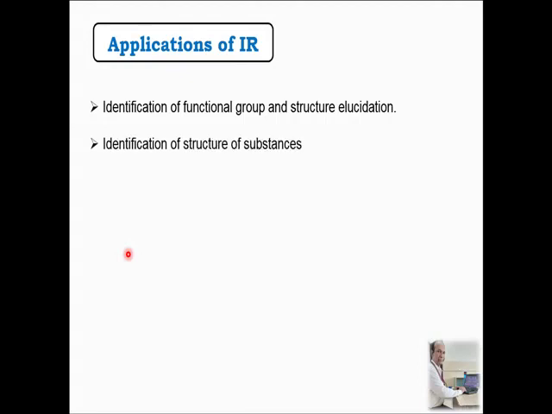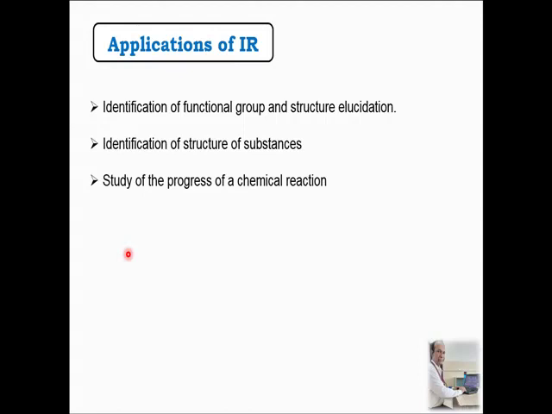The organic compounds can be established with the help of the IR range between 1400 to 1900, where we can identify the structure of some of the functional groups like carbonyl, of aldehyde, ketone, ester.